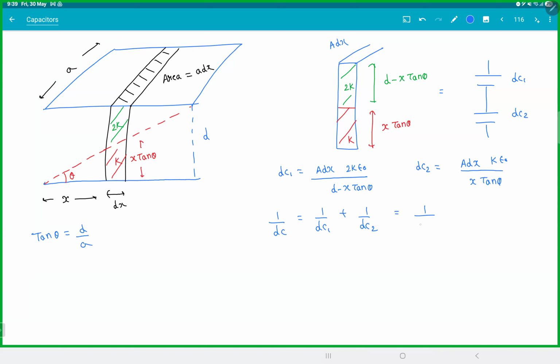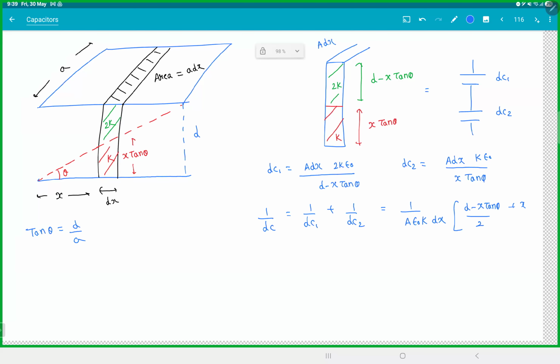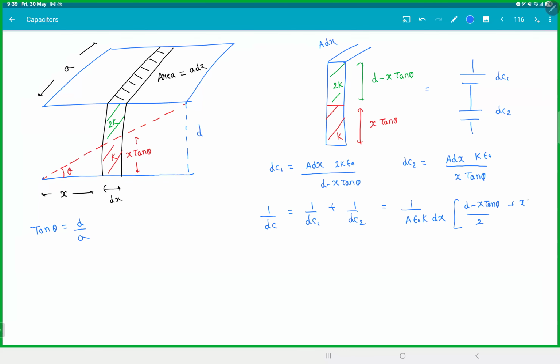You will get 1 by, taking out A epsilon K dx common, you will end up with d minus x tan theta by 2 plus x tan theta. You can do the calculations. When you reverse this, you will get dC equal to A epsilon K dx by 2. This is small a, yeah? This is small a.